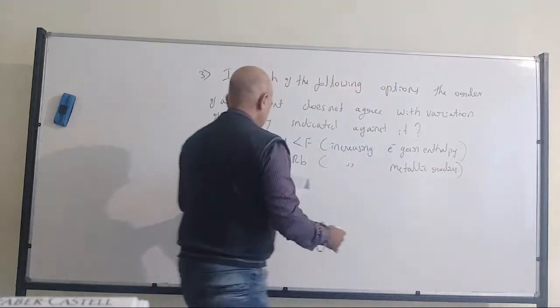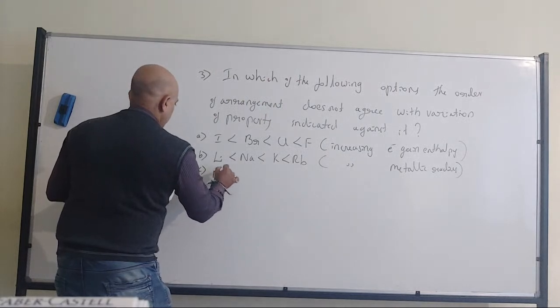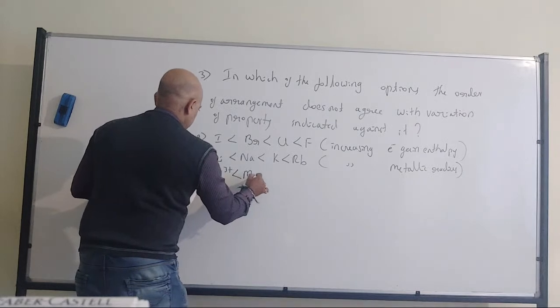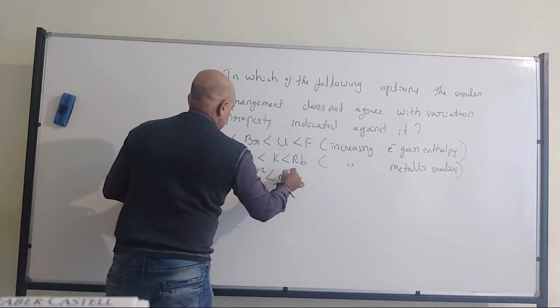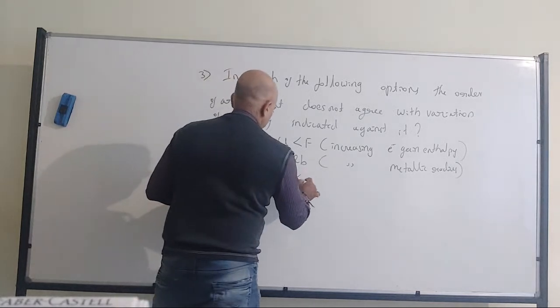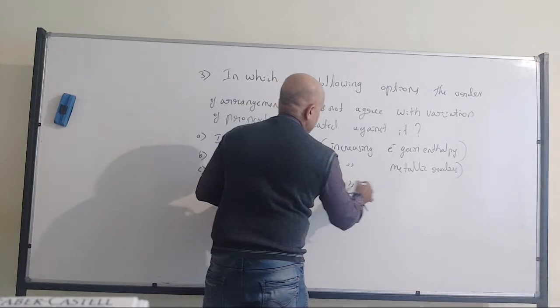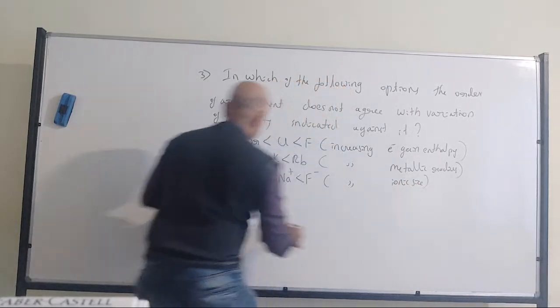Next, option C, aluminium ion plus 3 less than magnesium ion plus 2, less than sodium ion plus 1, less than fluoride. So increasing ionic size.